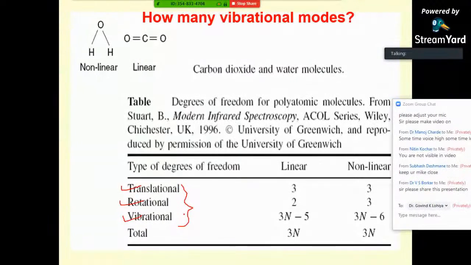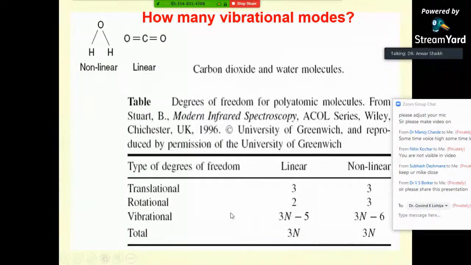If you are considering a molecule, it may consist of not a single atom but more than one atom. So the total degree of freedom, translational, rotational and vibrational, if a molecule contains n number of atoms, will be 3n.